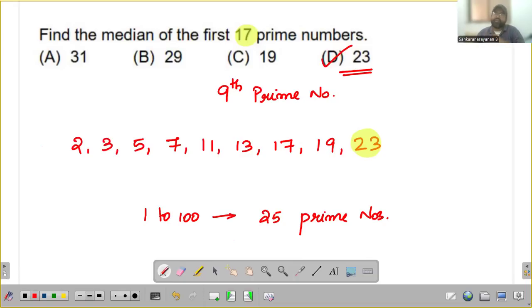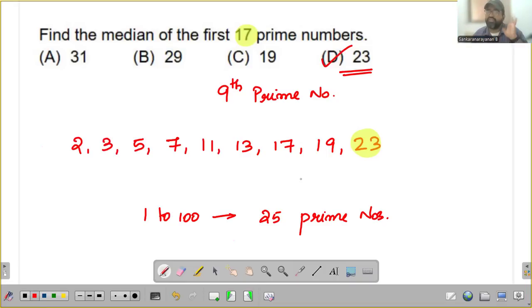Calculation, I'm leaving it to you. After 23, you can say 24, 25, 26, 27, 28 won't be there. 29 will be there. 31 will be there. Like that it goes. So you can locate the 13th prime number. You can calculate it, but I gave you the idea. You don't actually need to write all the observations.